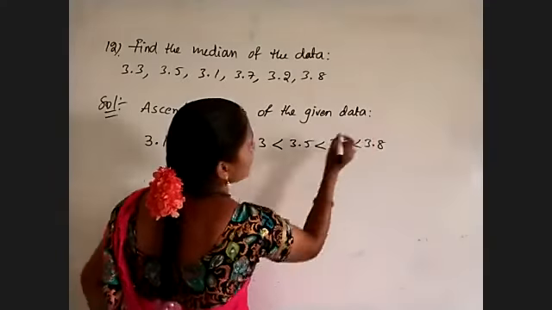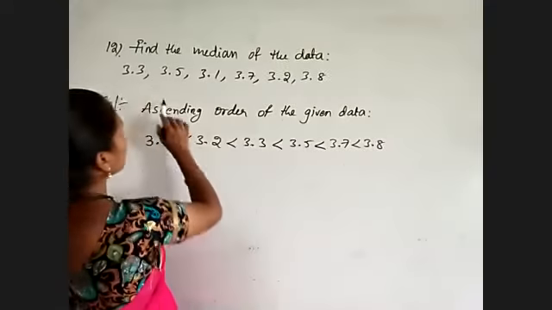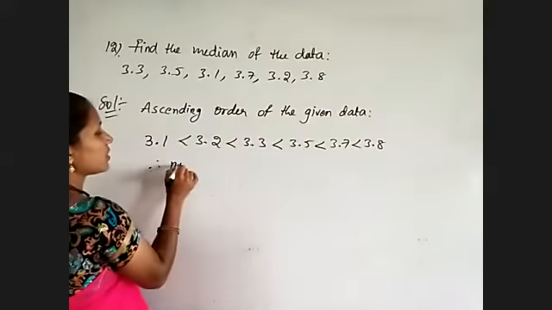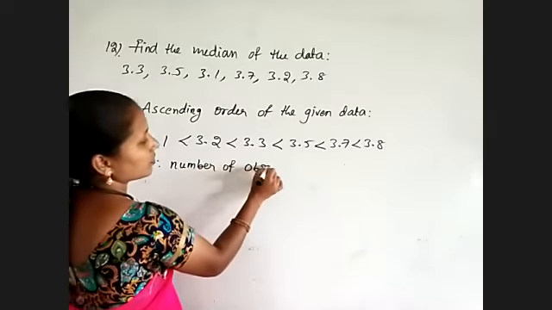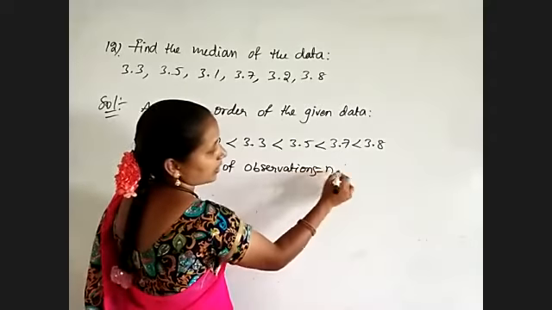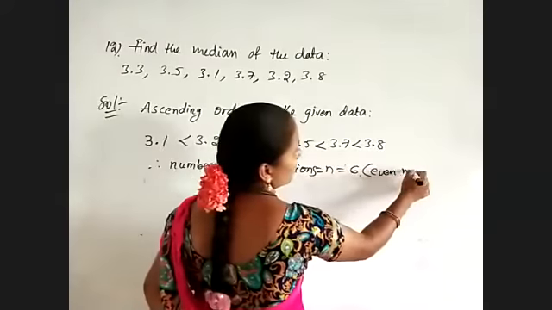So in total how many observations are there? Count: 1, 2, 3, 4, 5, 6. Therefore, the number of observations is n equal to 6. It is an even number, yes or no?